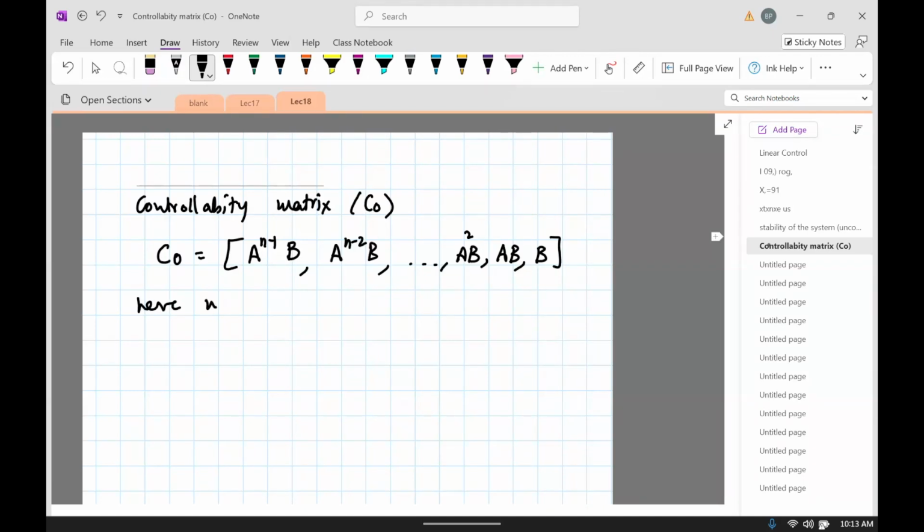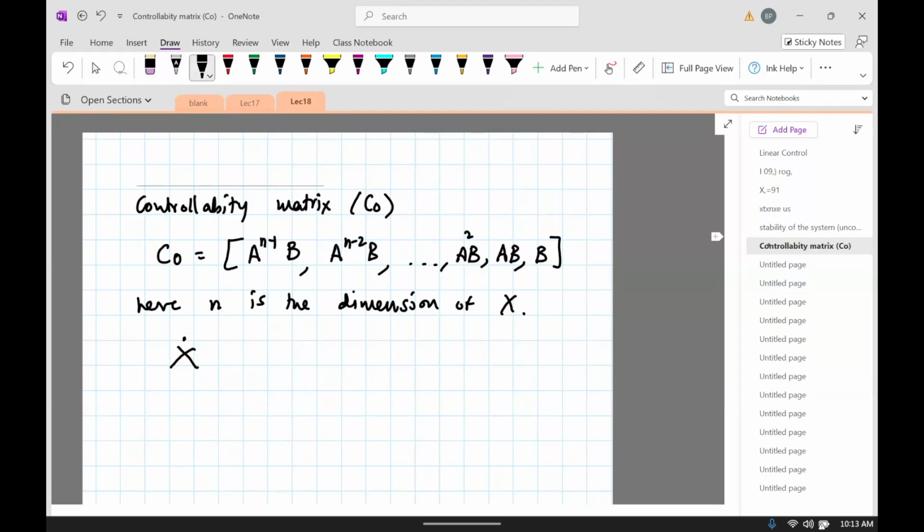Here n is the dimension of x. So if you have x dot equals Ax plus Bu, for A we have n cross n. You typically assume that there are m controls. So this B would be n cross m. Let me just write it differently.